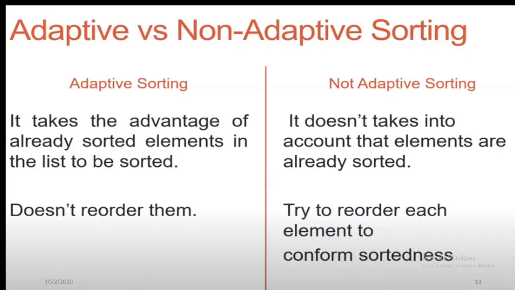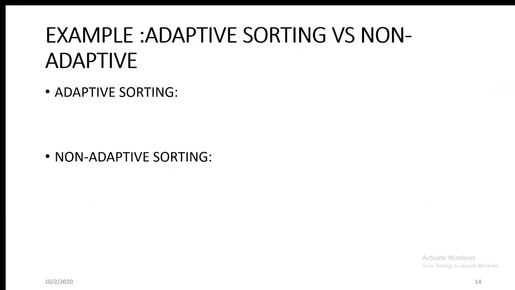Next, and the most important one, is internal versus external sorting. But first we discuss adaptive and non-adaptive sorting examples. In adaptive sorting we have insertion sort, but in non-adaptive sorting we have merge sort. Insertion sort is an adaptive sorting algorithm: if the input is already sorted, then the time complexity will be O(n).